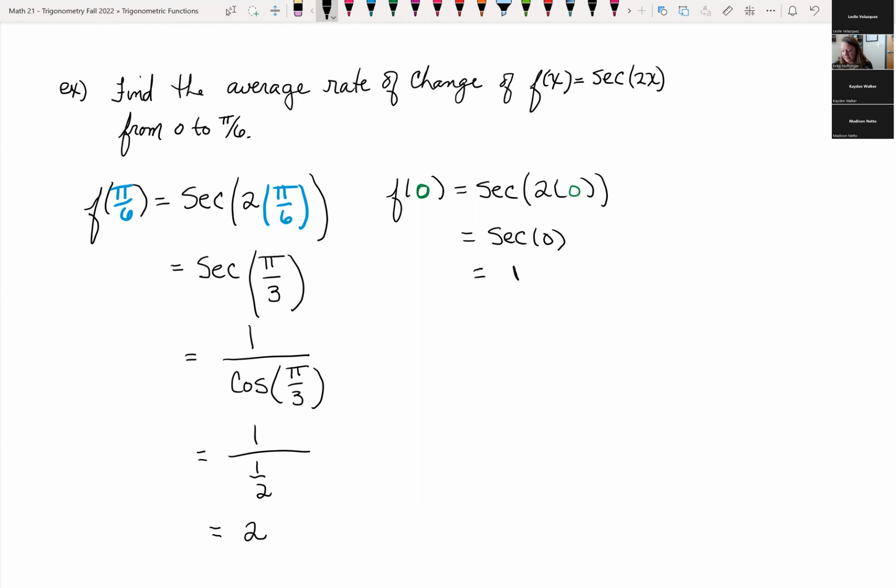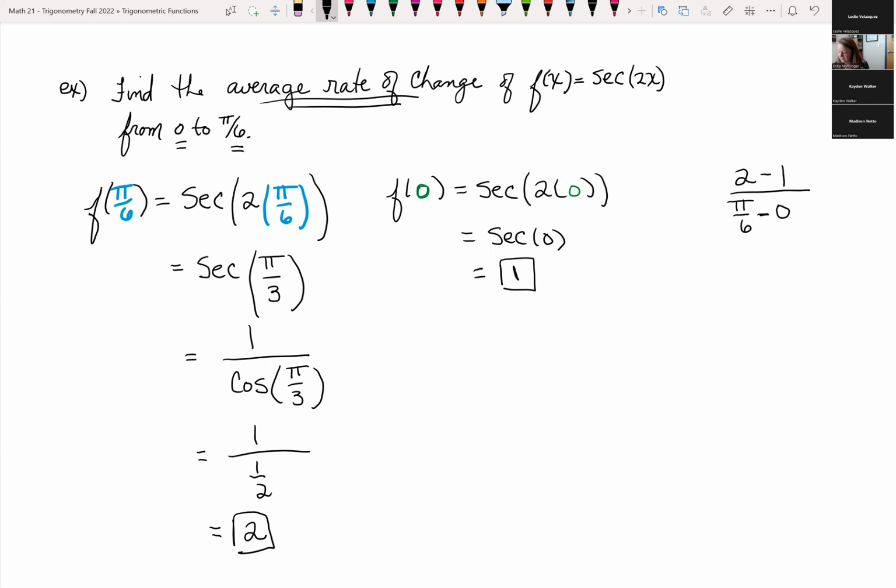And so now looking at the average rate of change, the change in our y value: we have a y value here of 2 minus the y value here of 1, all over the change in our x value. We started with pi sixths, f of pi sixths on top, so we want our x value pi sixths down here in the denominator, minus 0.